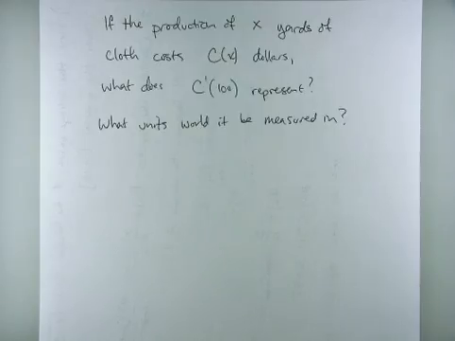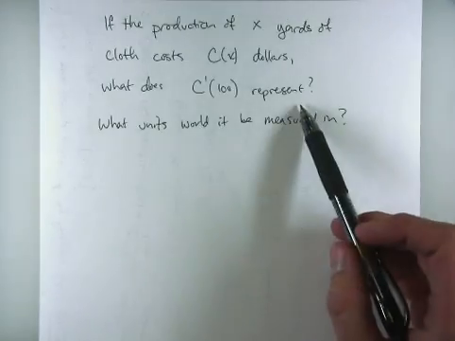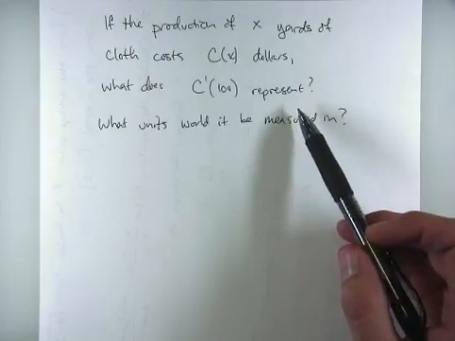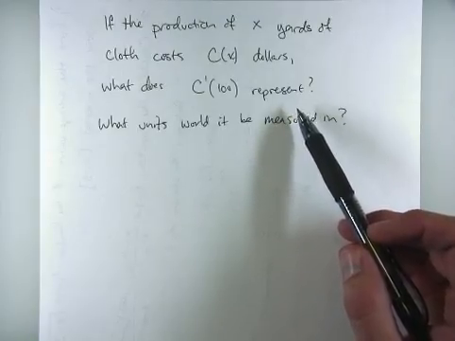So if the production of x yards of cloth costs C(x) dollars, C'(100) is going to represent how fast C(x) is changing when x is 100.